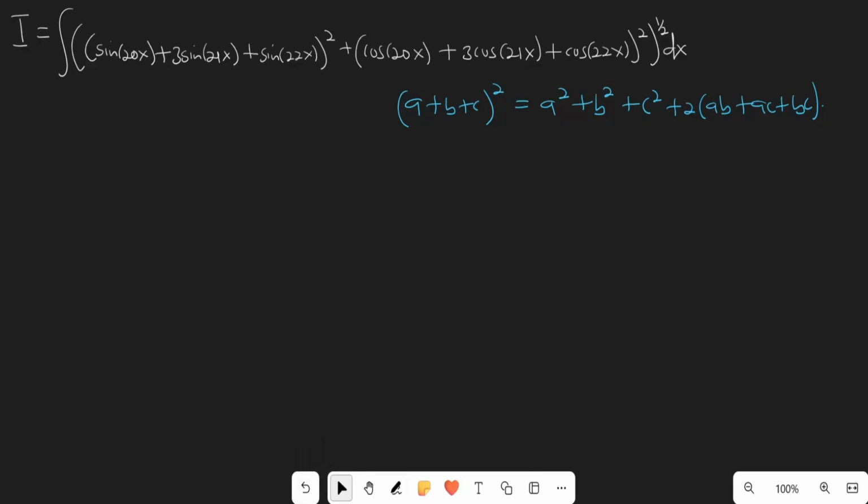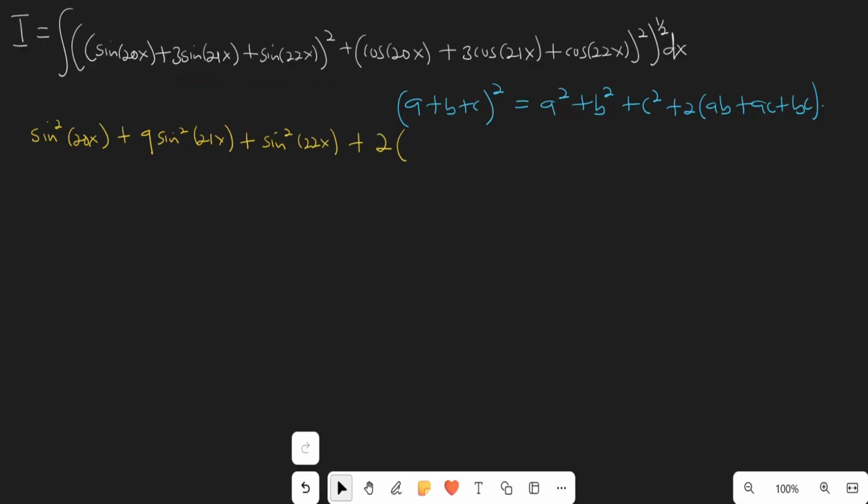So we can expand this one. The first one is going to be the sine squared of 20x plus the square of this. The square of that is going to be 9 sine squared of 21x, plus the next one is going to be the sine squared of 22x. That is the sum of the squares of those, plus 2 times the cross terms.